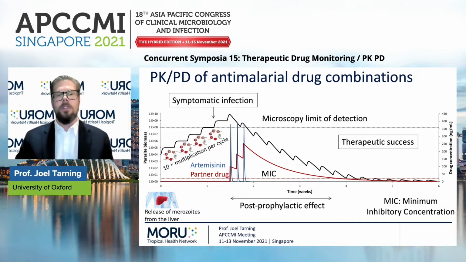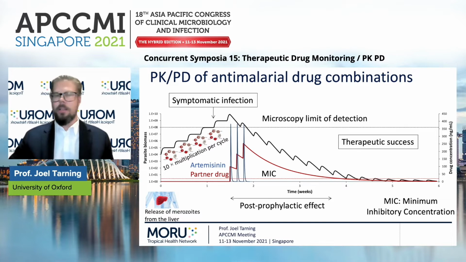And this leads to the killing of residual parasites. And if the partner drug concentrations are above the minimum inhibitory concentration for long enough to kill off all the parasites in the body, well, then we have therapeutic success. This time where you are above the MIC is also the period called post-prophylactic effect.